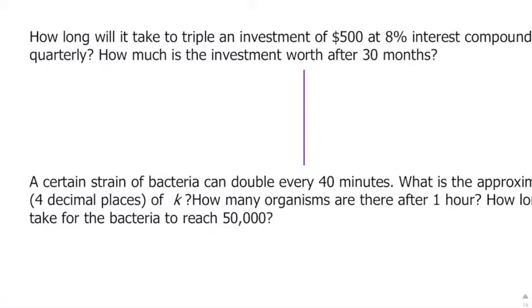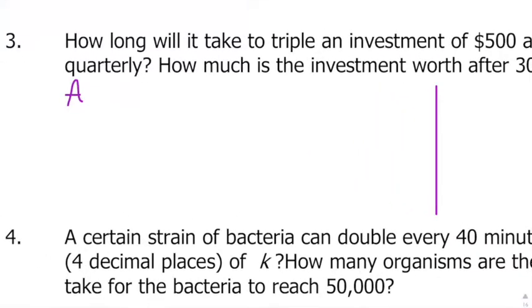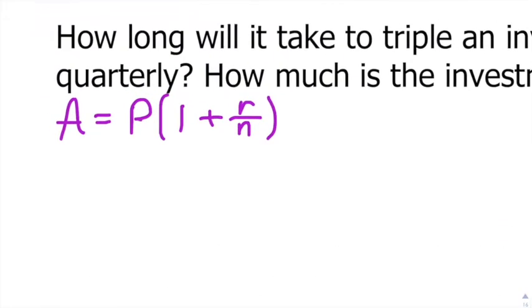So that's asking for a time. And then second, it's going to ask how much the investment is worth after 30 months. So we got two parts of this here, but both parts are going to use A and then P and then compounded quarterly, so this will be r over n and then raised to n times t.